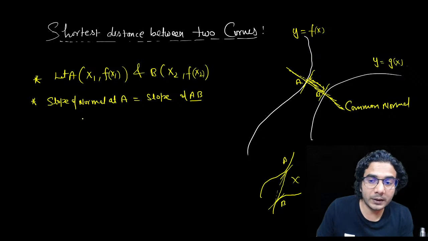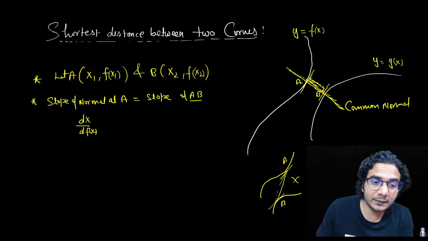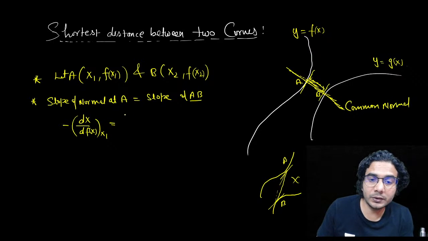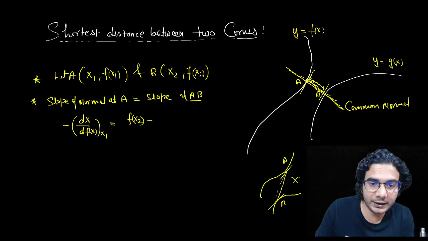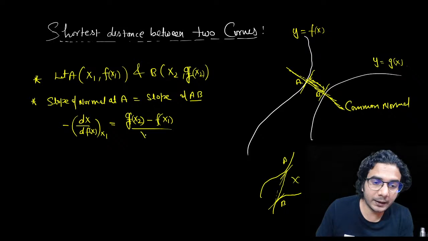So the slope of the normal at A is nothing but minus dx upon df(x) at x1, and that is equal to the slope of AB. The slope of AB is (y2 minus y1) upon (x2 minus x1), that is (g(x2) minus f(x1)) divided by (x2 minus x1). Okay, this is relation 1.